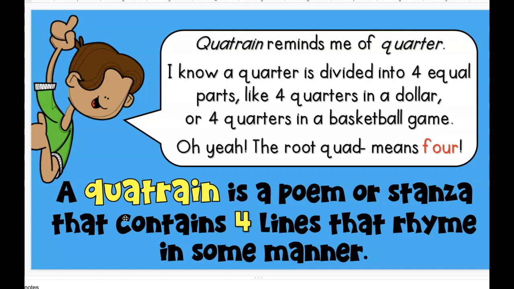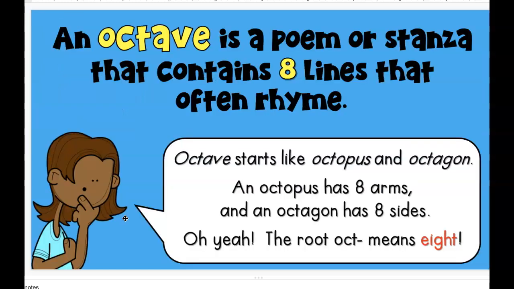I know a quarter is divided into 4 equal parts, like 4 quarters in a dollar, or 4 quarters in a basketball game. Oh yeah, the root quad means 4. So a quatrain is a poem or stanza that contains 4 lines that rhyme in some manner. Okay, we'll talk more about that in a little bit.